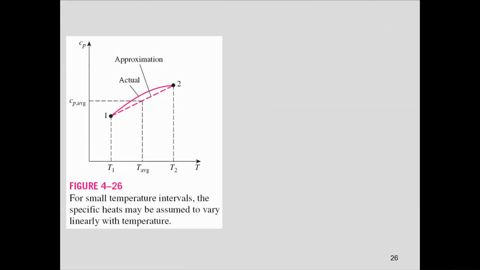And the third thing is approximation. Your system moved from state 1 to state 2. At state 1 the temperature is T1, at state 2 the temperature is T2. You can do the integration by taking the average temperature, the middle of the two, and finding the Cp value from the table.